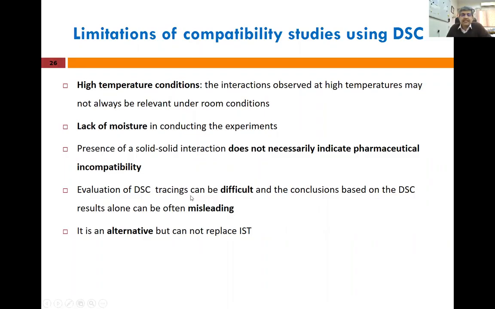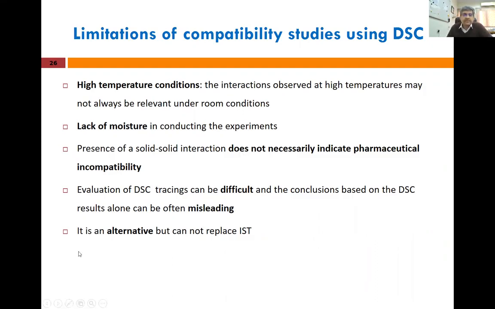Evaluation of the DSC tracings can be difficult, and the conclusions based on DSC results alone can often be misleading, because you will sometimes see a lot of transitions that are taking place, and it may not be possible to interpret all those transitions carefully, and this could lead to certain misleading results from the compatibility studies.